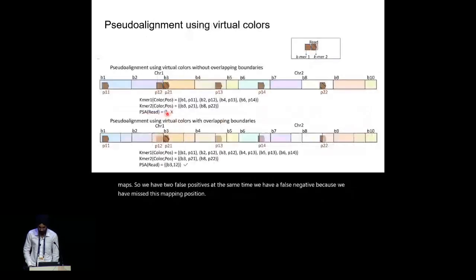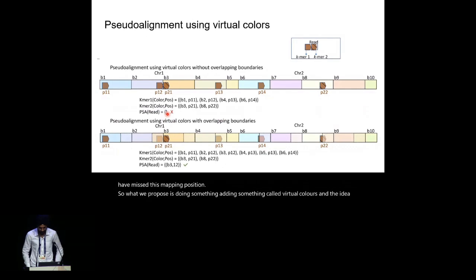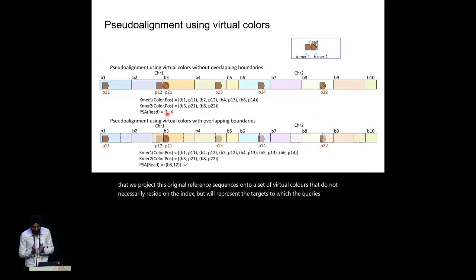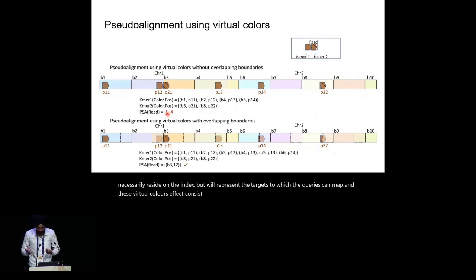So what we propose is adding something called virtual colors. The idea is that we project these original reference sequences onto a set of virtual colors that do not necessarily reside in the index, but will represent the targets to which the queries can map. These virtual colors consist of a set of overlapping bins.